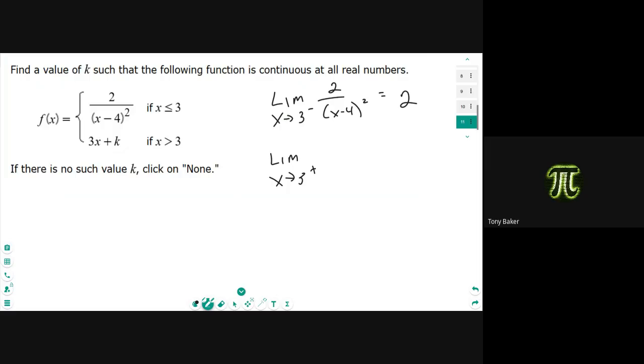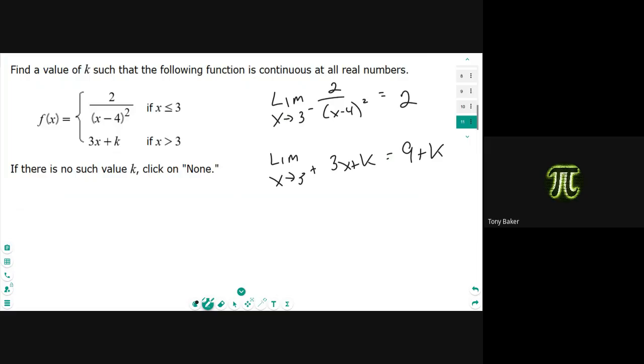And then from the right, I'm going to use the 3x plus k. If I plug 3 into that, what do I get? 9 plus k. Yes, you're going to have a k. That's okay. That's actually very important for this problem.